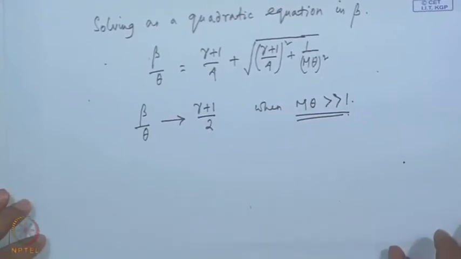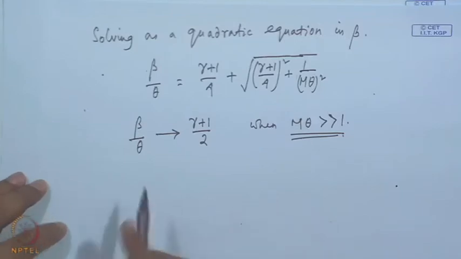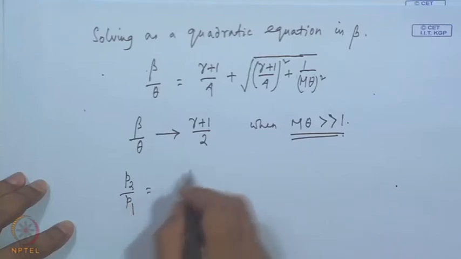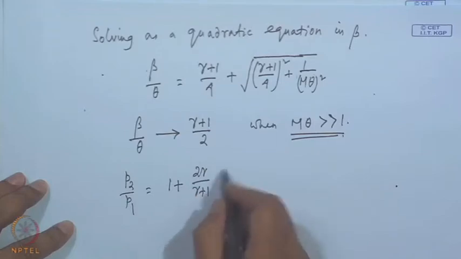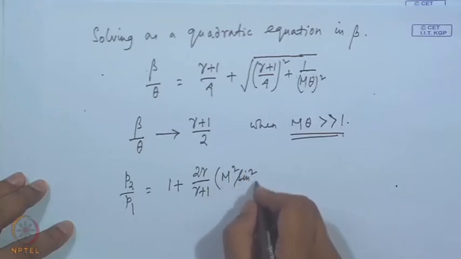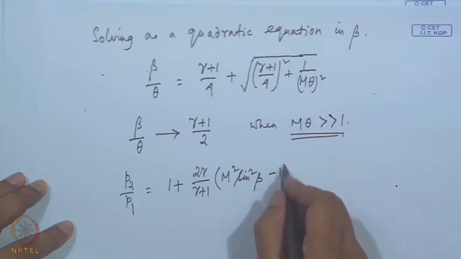Now, we can evaluate the pressure coefficient also using the oblique shock relations. From oblique shock relations, we have P2 by P1 equal to 1 plus 2 gamma by gamma plus 1 times M square sin square beta minus 1.